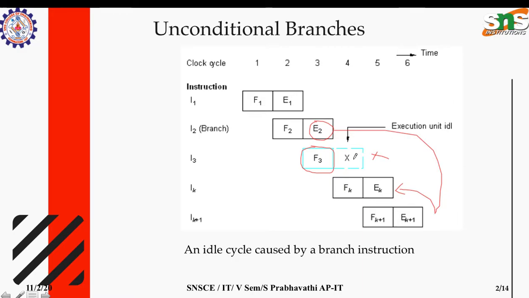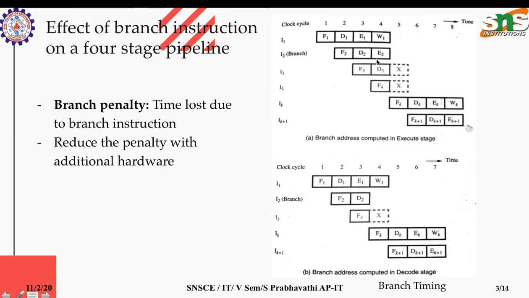Okay, so this is for the two-stage pipeline, and here is an example for a four-stage pipeline. When the number of stages is increased, the stalls will also increase. Let's see how the stalls increase when the pipeline has 4 stages. So the branch instruction happens to be I2.